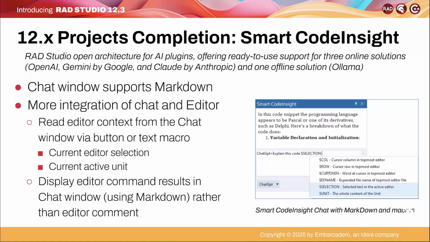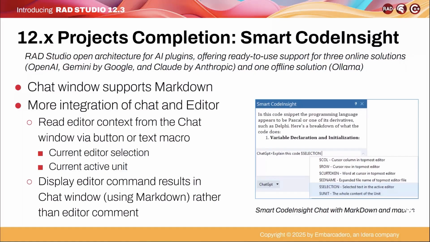RAD Studio 12.3 further improves Smart CodeInsight, adding a few notable extensions to the user interface, focused on improving the chat experience and having a better and more integrated experience when using the editor commands alongside the chat window. The chat window now supports Markdown, so it offers properly formatted and more readable output in general.